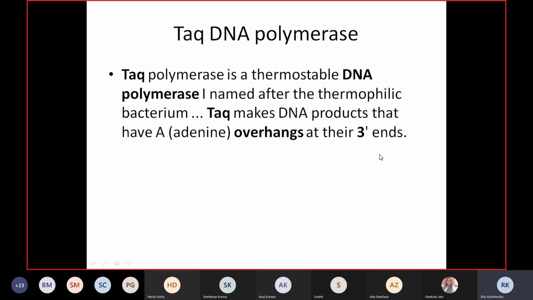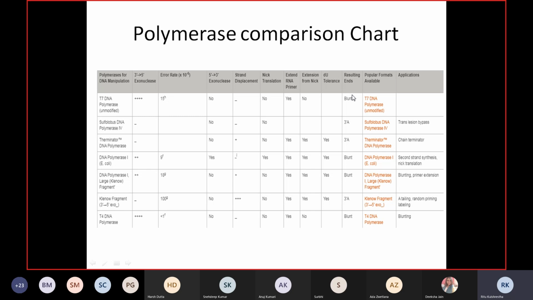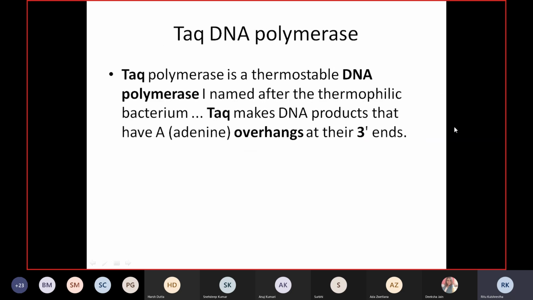Do all DNA polymerases leave a 3' overhang? No. Some polymerases, as I've told you, don't have any overhang at the end. Will all polymerases have adenine at the end? No. There are some polymerases which may give a G or a C as the overhang.